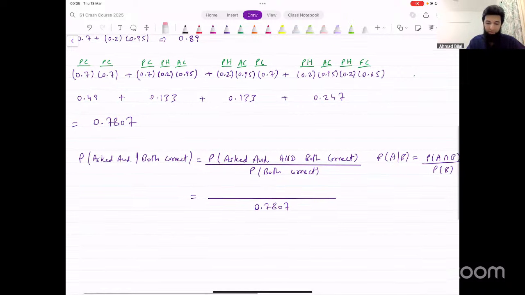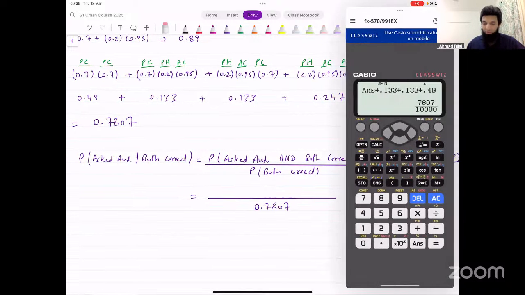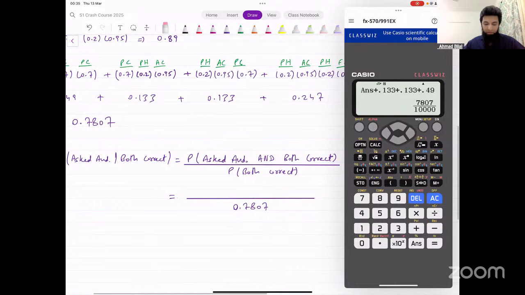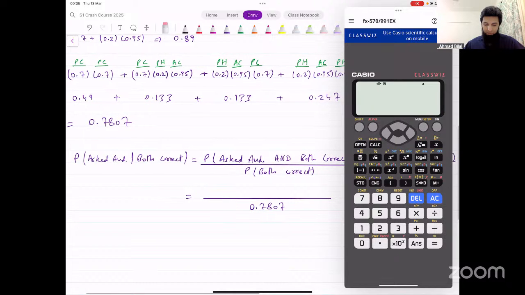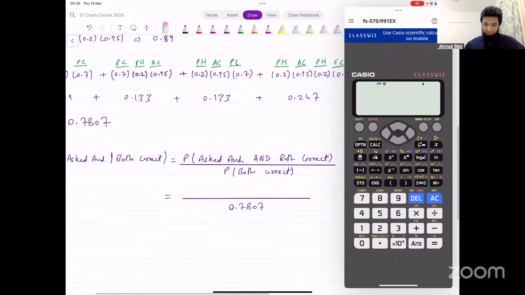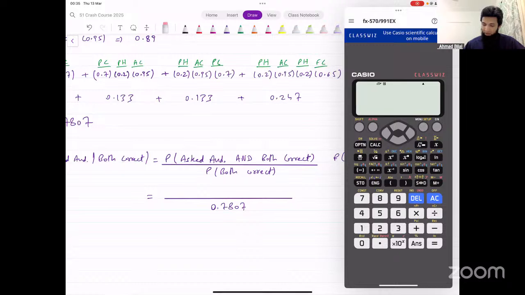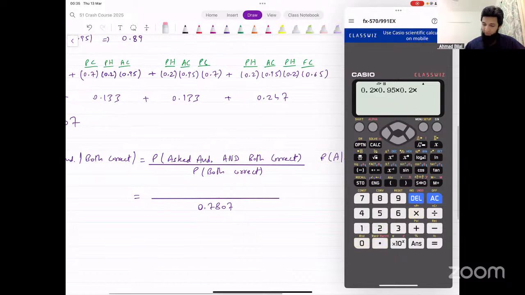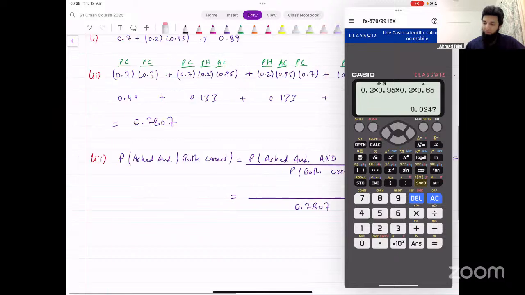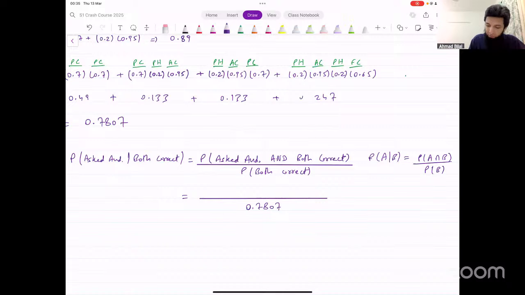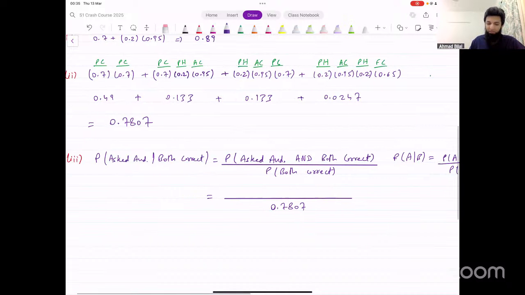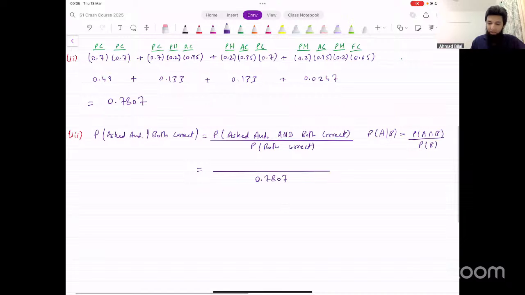Okay, I'm sorry about that. 0.2 into 0.95 into 0.2 into 0.65. Okay, that's 0.0247, sorry. I used the calculator value for the last one, so I think the final answer is still going to be correct.